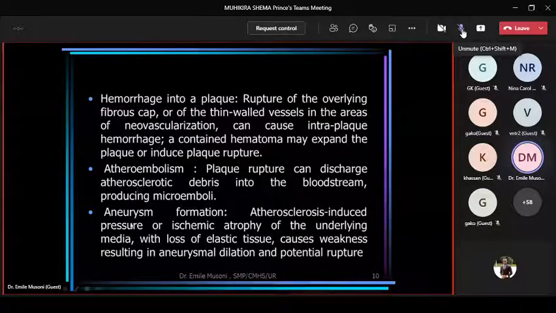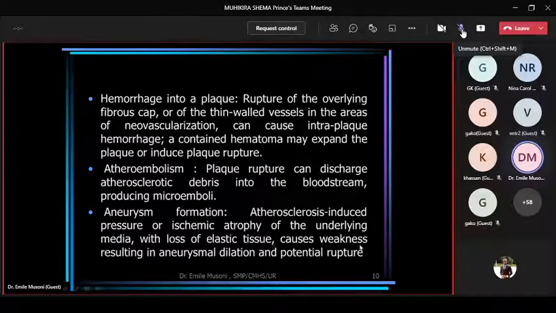There can be aneurysm formation. Aneurysm formation means that there is abnormal dilatation of the blood vessels. Atherosclerosis induces pressure or ischemic atrophy of the underlying media with loss of elastic tissue.